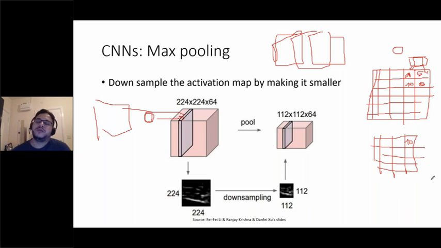Why do you think we do that? This matrix will become a lot smaller. Maybe for sizing, to recognize a bigger shape with the same pattern? Or maybe you are close to it. Yeah, you are close to that.